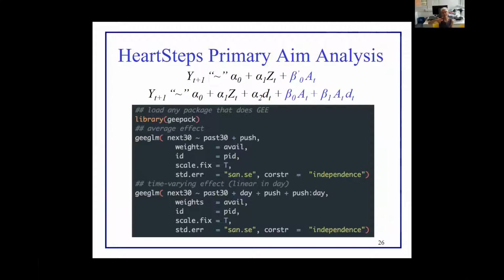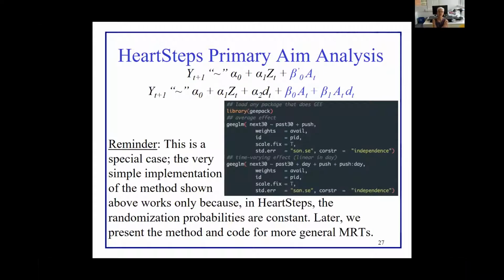And like I said, you can use this particular software. This is our code, right, Ashley? Yeah. You can use this software as long as your randomization probabilities are constants, like they are in HeartSteps, where they're equal to 0.6 to be randomized to get a message, 0.4 to not get a message.